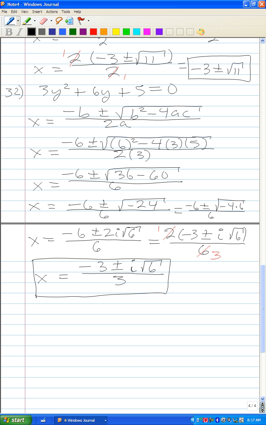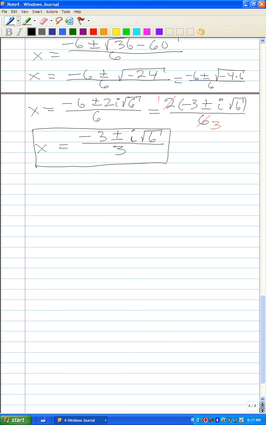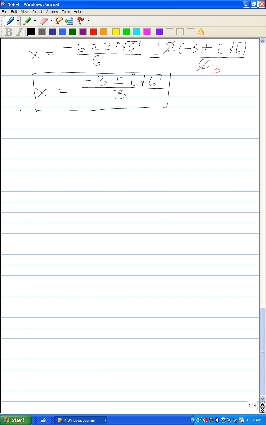Let me do problem number 54. The hypotenuse of an isosceles right triangle. So you have here an isosceles right triangle.